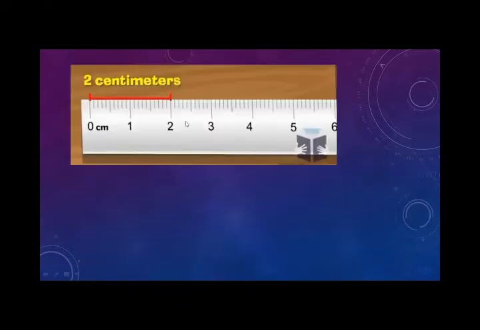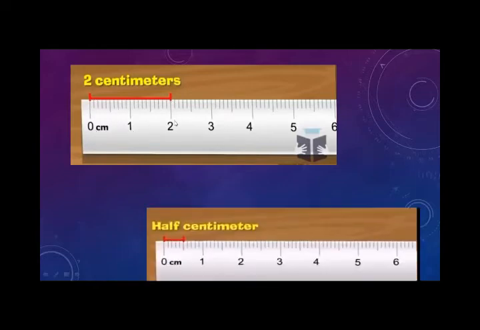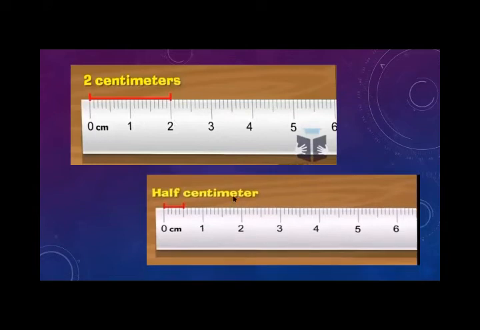Here is an example of 2 centimeters. Simply you put the scale at 0 till 2. So here is 2 centimeters. These bigger lines show centimeters. And here they're asking about half a centimeter. Now what's the value? 0.5. Starting from the bigger line, it is 0.